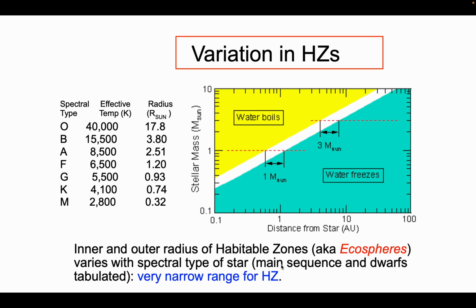The main sequence and the dwarf stars are tabulated. There is a very narrow range for the habitable zone for these different spectral types of stars.